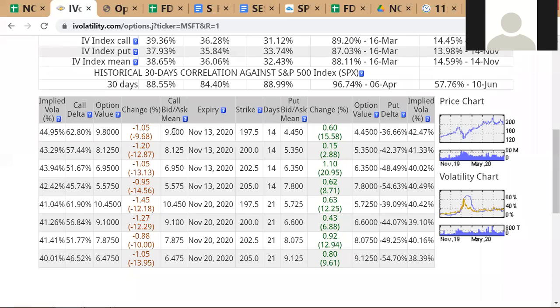So you have a market for Microsoft 197.5 strike options expiring November 13th. In this market, what you're exchanging is one asset, the call option contract, and the other asset, US dollars. And right now the price is $9.8 per share.